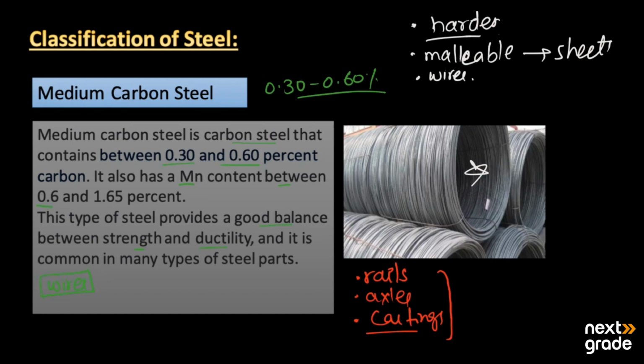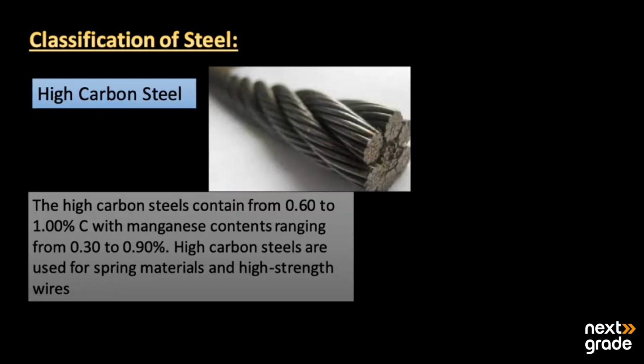After this we have the last type, which is the high carbon steel. What is the main percentage of carbon present in it? High carbon steel contains 0.60 to 1.0% of carbon, with manganese content ranging from 0.30 to 0.90%.